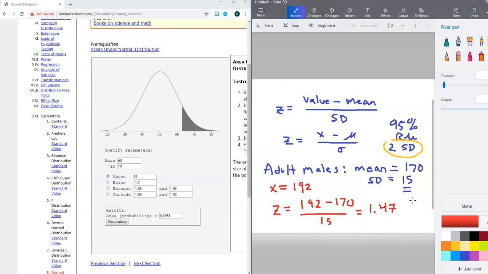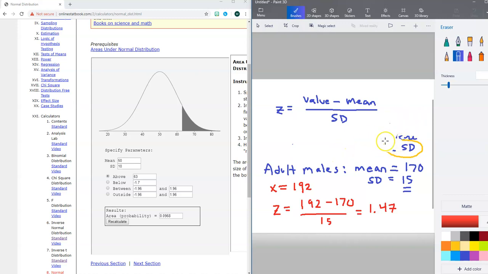You will be asked questions in your homework about what that means. Well, a z-score represents the number of standard deviation units away from the mean. And so if I were to draw a basic z-score distribution, which is referred to as the standard normal distribution, here's what it looks like.